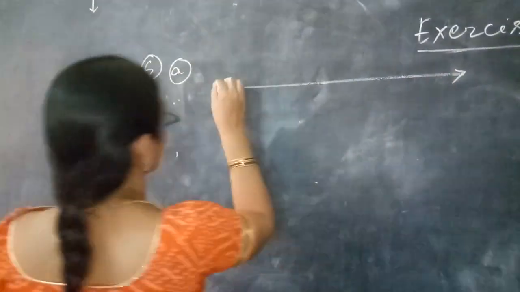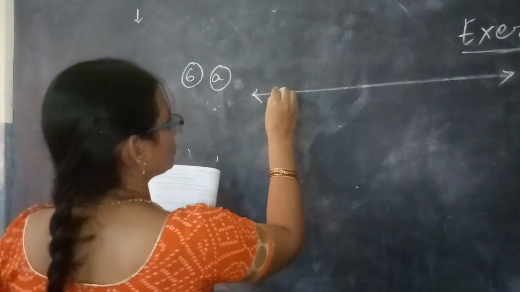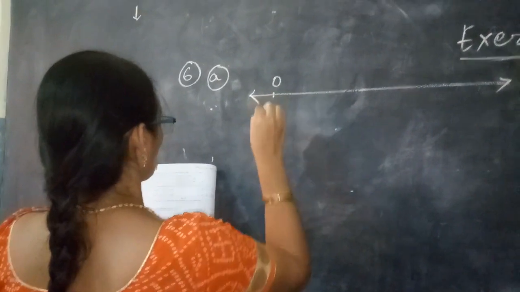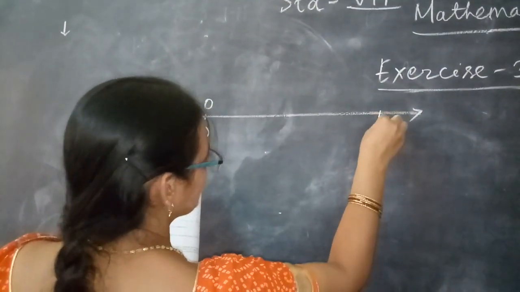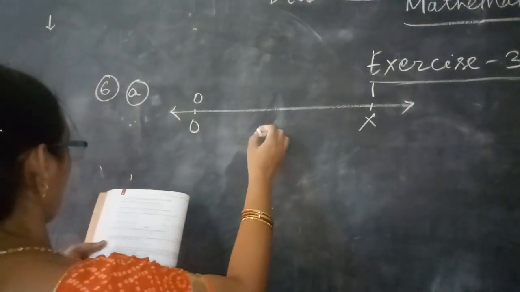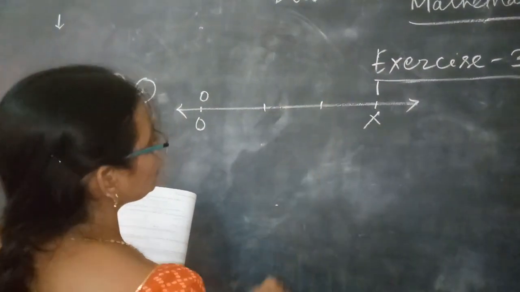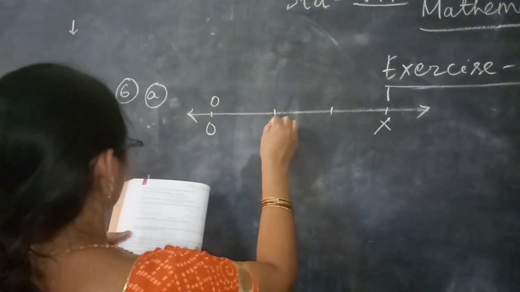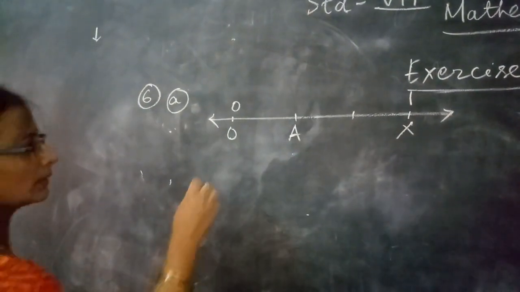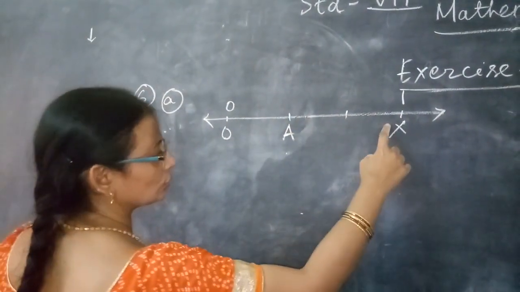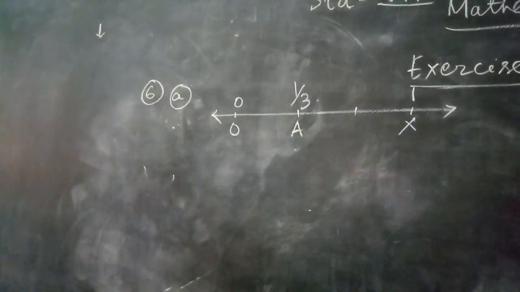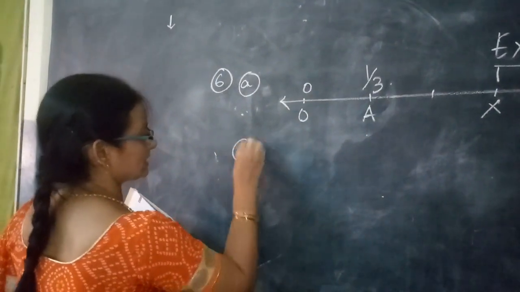So this 0 is represented as O and X is represented as 1. From 0 to 1 it is divided into 3 parts. So A will be 1 by 3. That is the rational number A represents.